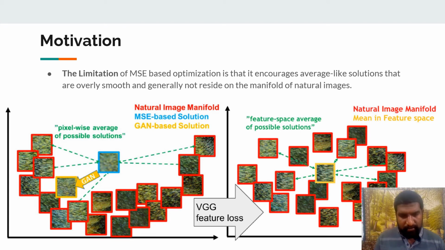I will come into the details later. In this VGG feature loss, instead of selecting a pixel-wise average, they go for a higher-level average, where a feature space average of possible solutions is selected. So instead of overly smoothing by considering the pixels, they consider a feature space and take the average of that feature space.